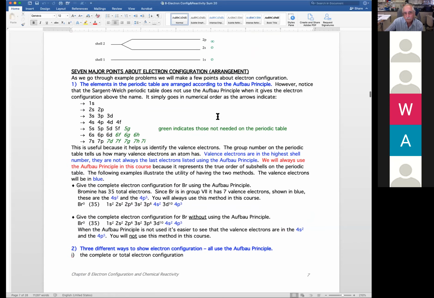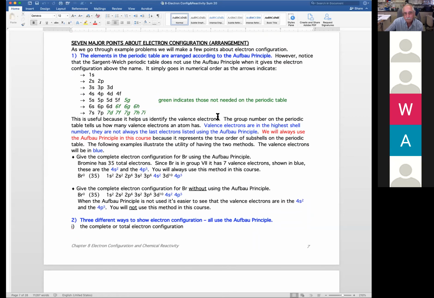And with that, we're going to move into what I call 7 major points about the electron configuration. Now, if you look at the periodic table, say, what's a good one to look at? Let's just look at scandium. See scandium right there?